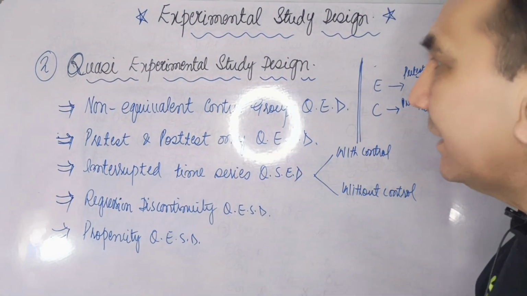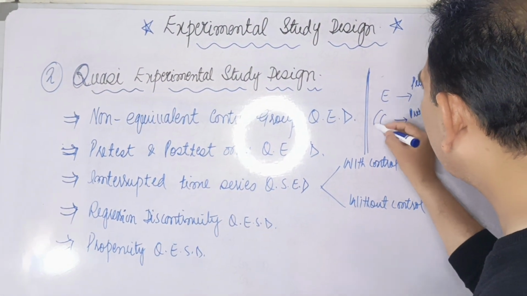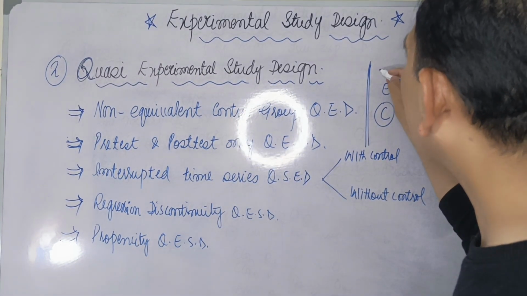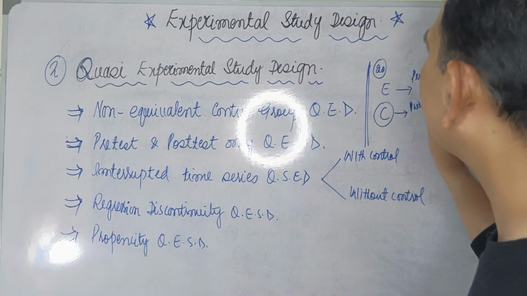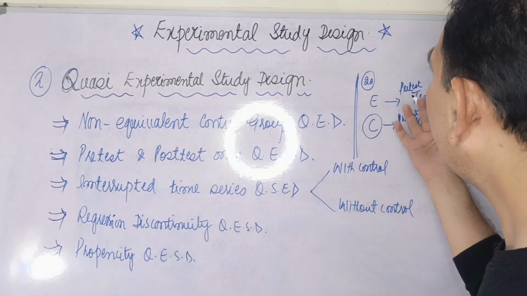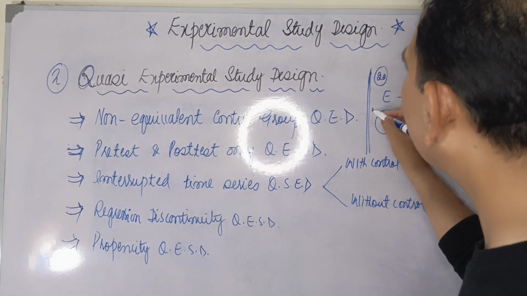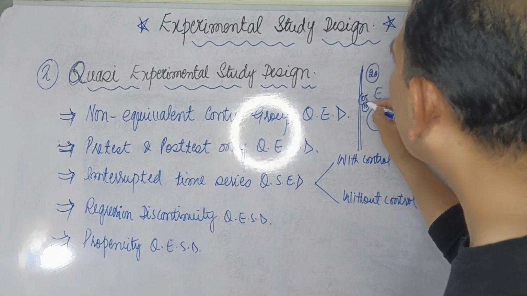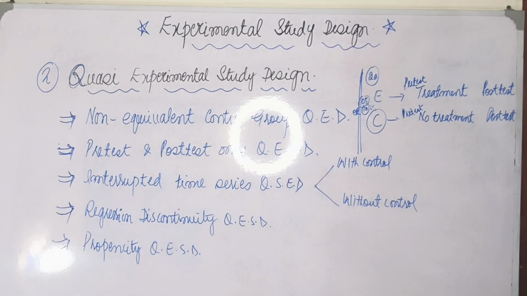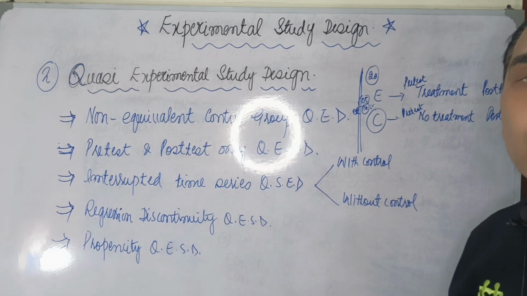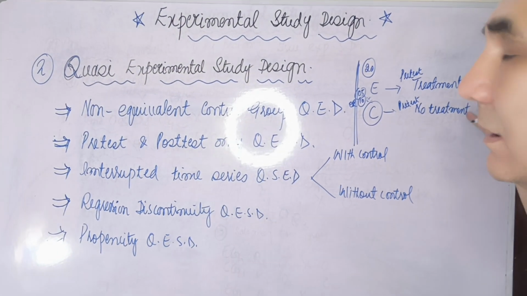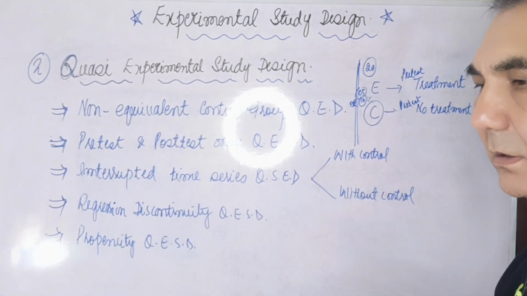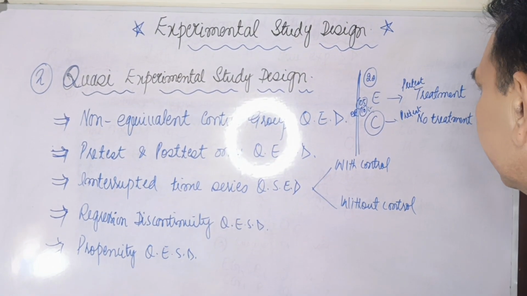This is non-equivalent, and the control group means, suppose the researcher took 20 participants in the experiment group, the control group may be 10 or 5. He took those participants as a control group, and then sees the difference between the results of the treatment group and the control group.